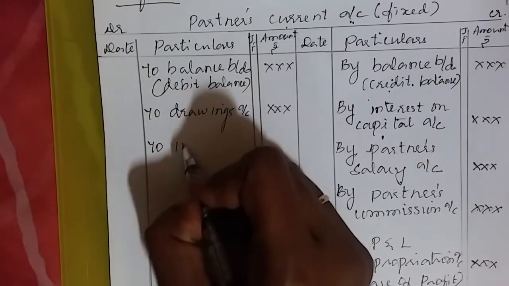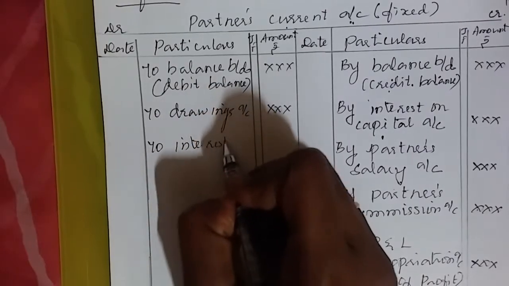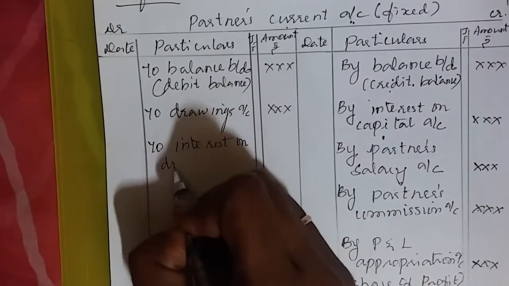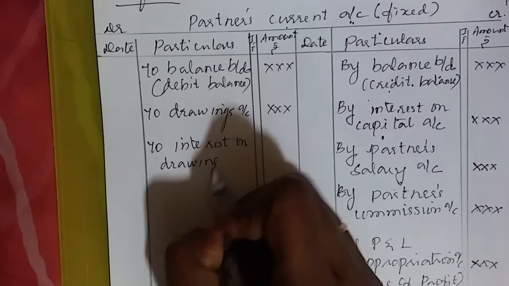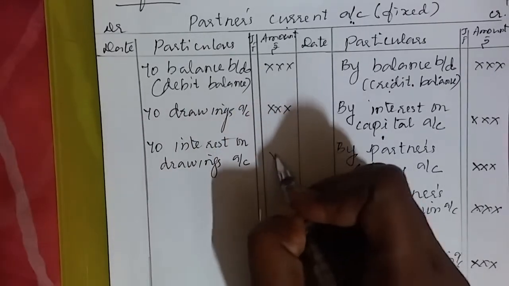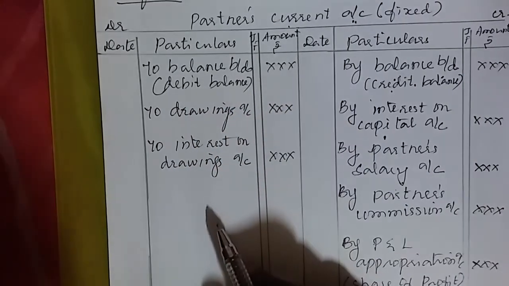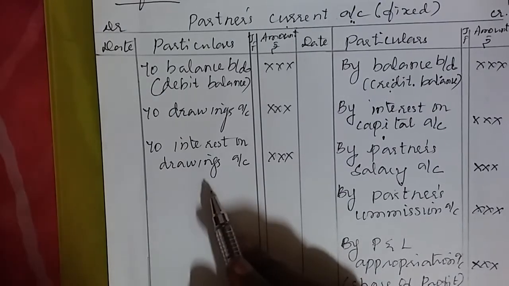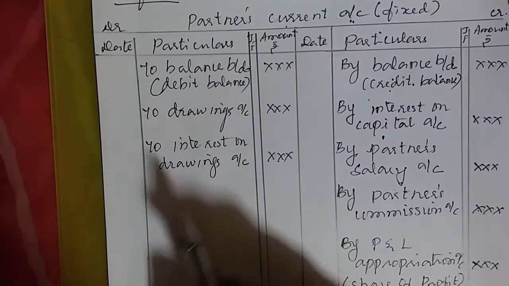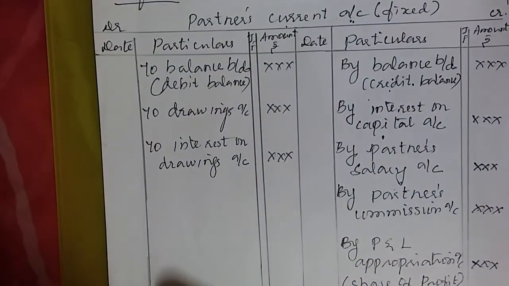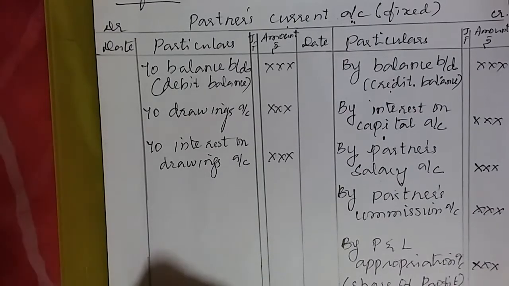Next to this, interest on drawings is also an expense to the partners. We have to write this interest on drawings on the debit side of partner's current account.